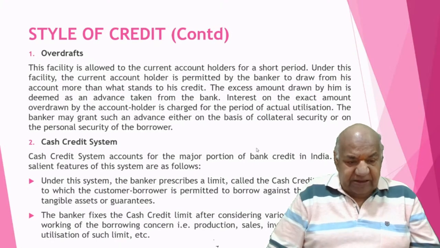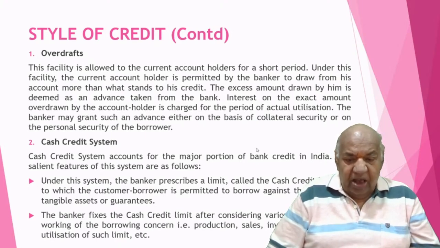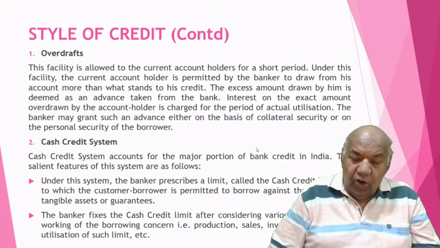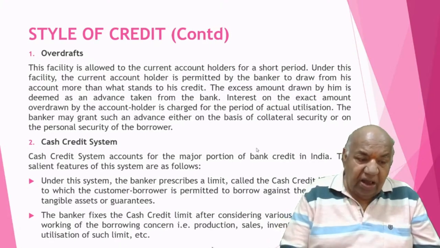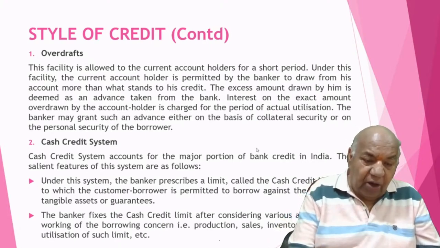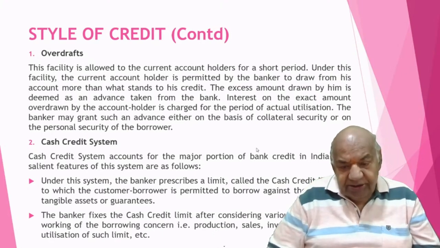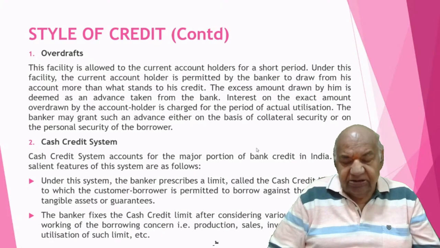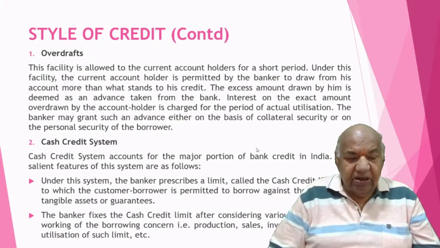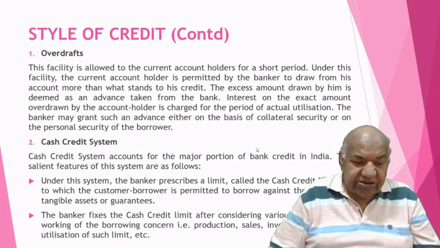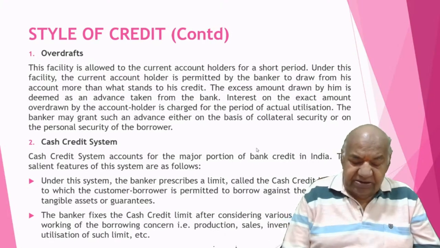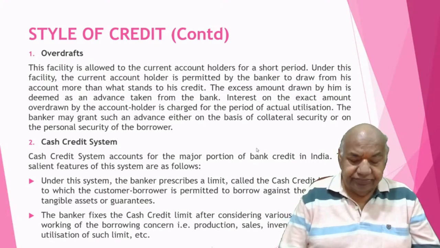The banker fixes the cash credit limit after considering various aspects of the working of the borrowing concern, that is, production, sales, inventory levels, past utilization of such limit, payments, etc.